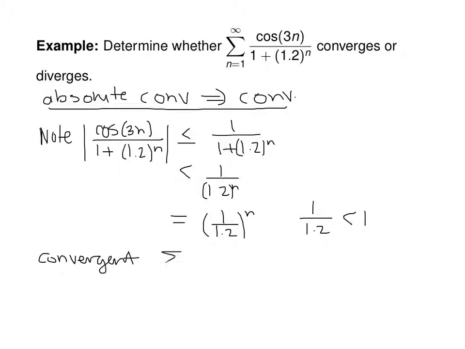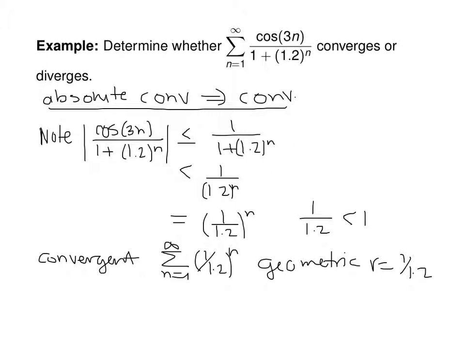So we have that the sum from n equals 1 to infinity of 1 over 1.2 to the n is convergent because it's a geometric series. And of course, 1 over 1.2 can be simplified to 5/6, but anyhow.